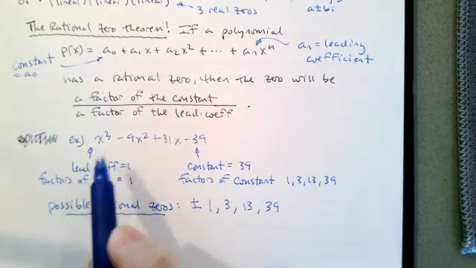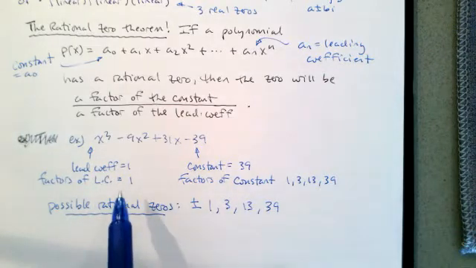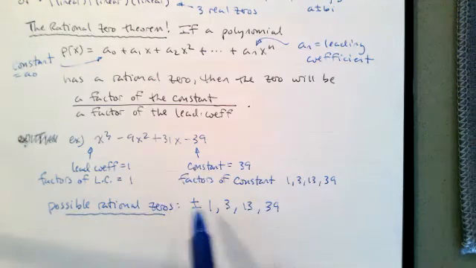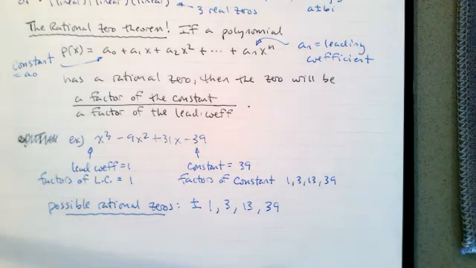If I had a leading coefficient of 2, I'd have 1 over 1 and 1 over 2, 3 over 1, 3 over 2, 13 over 1, 13 over 2, 39 over 1, 39 over 2. But the leading coefficient was 1. We have these 8 possible rational zeros. Now we can just go through the list and find out which one works.